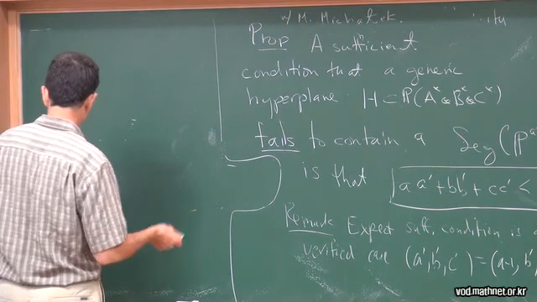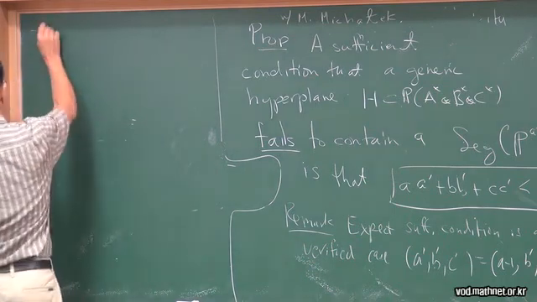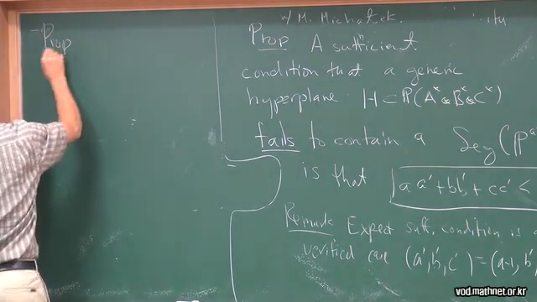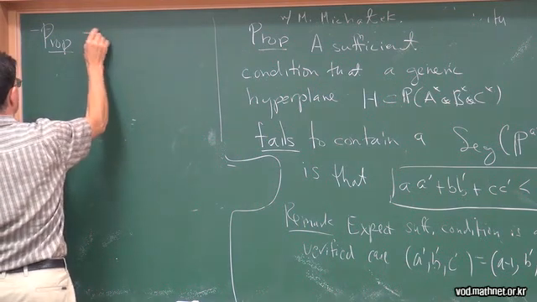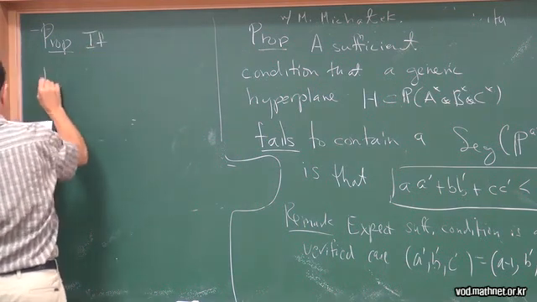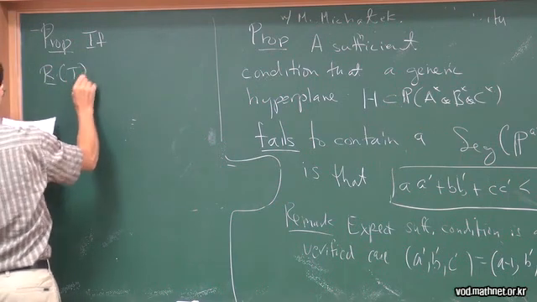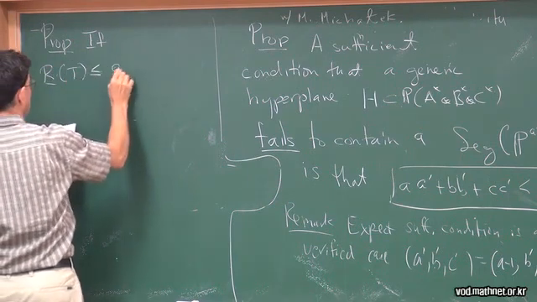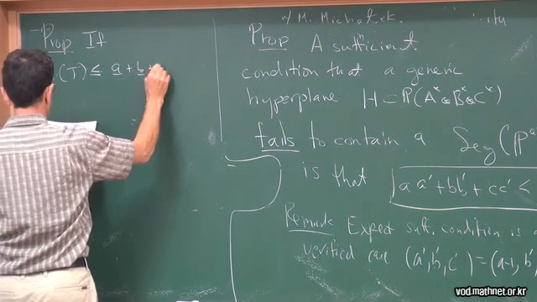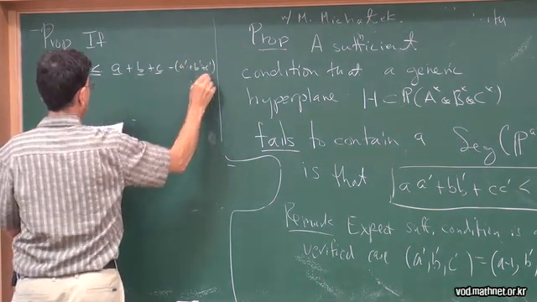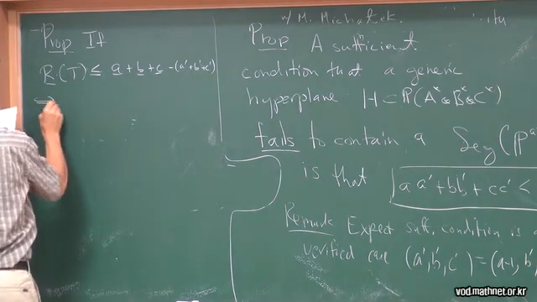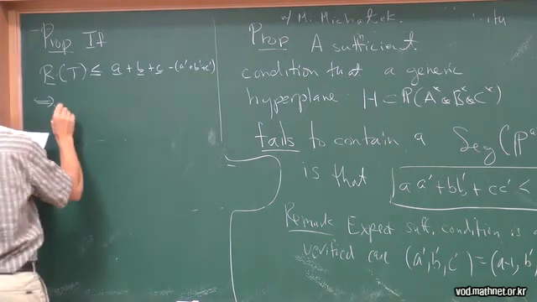So this proposition tells us that relationship, namely that if the border rank of T is less than or equal to A plus B plus C minus A prime plus B prime plus C prime, then we do have the pathology.